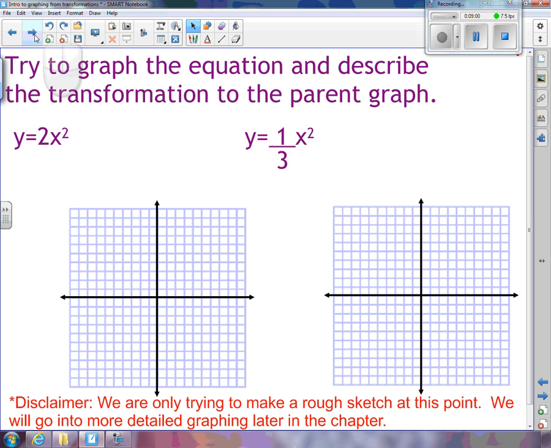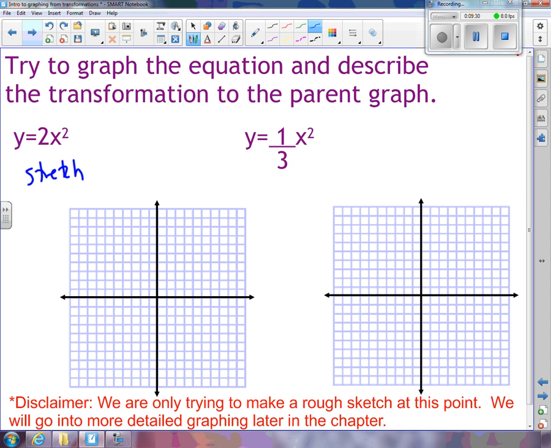Let's just try a couple more examples where I have a stretch or a compression. Here we're going to multiply our whole equation by a number. If I multiply my whole equation by a number, this is similar to when I multiply my absolute value by a number on the outside. Because this number is greater than 1, this is a stretch, meaning that it gets skinnier.